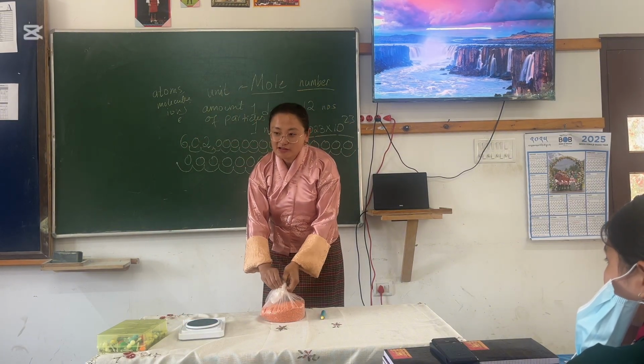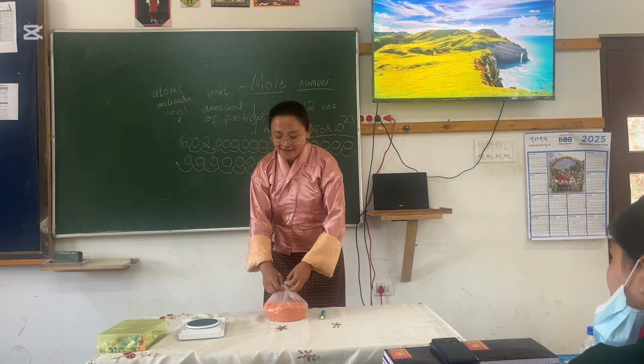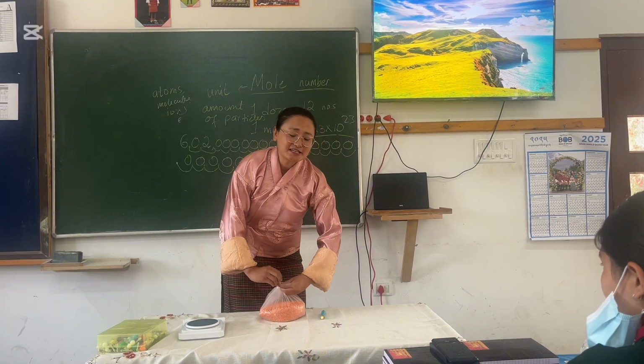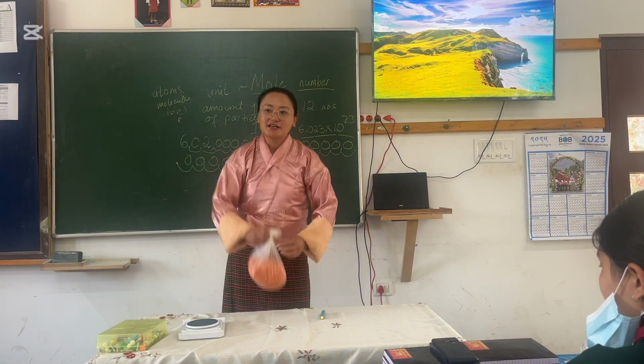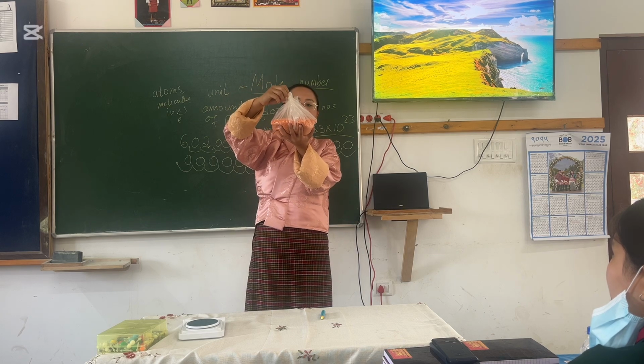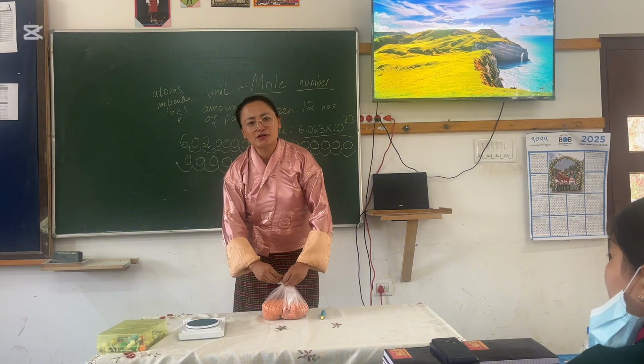Now, will you be able to count these lentils? Yes, because you can see them, right? You can see them, you can count them, but this one is 1000 grams, which means this is 1 kg. If I ask you to count these lentils, I'm sure you will finish it.